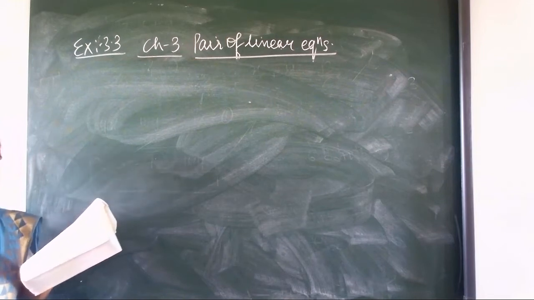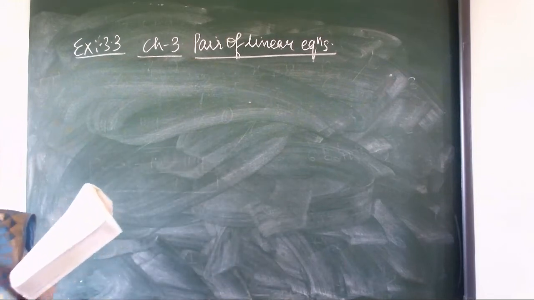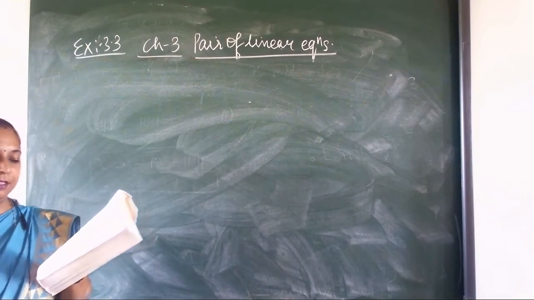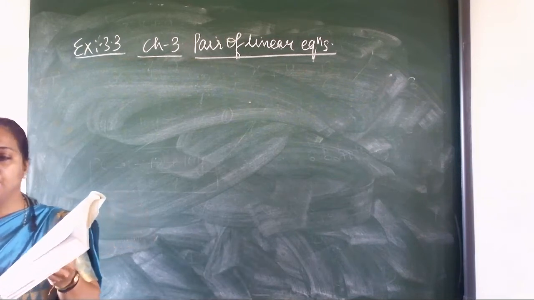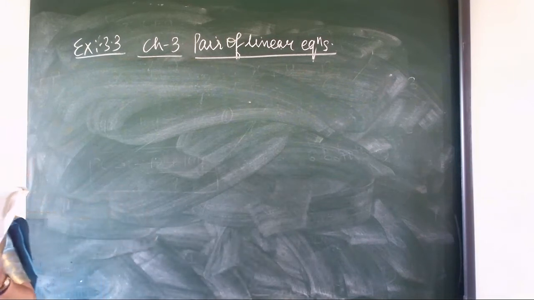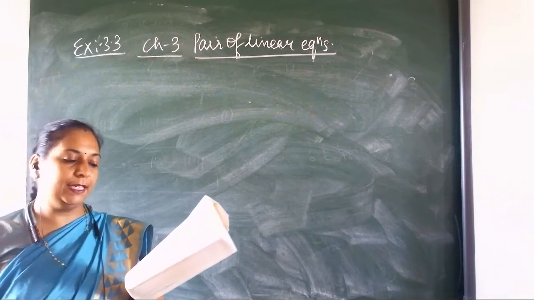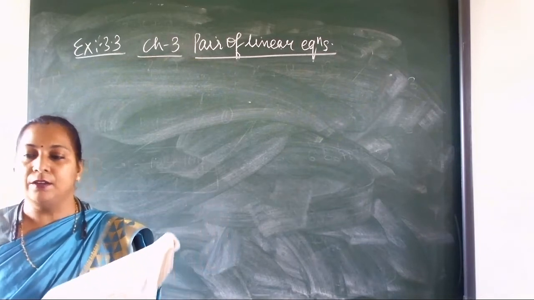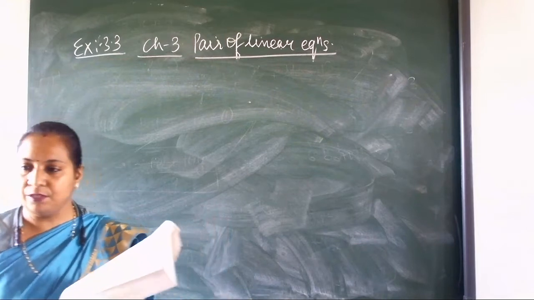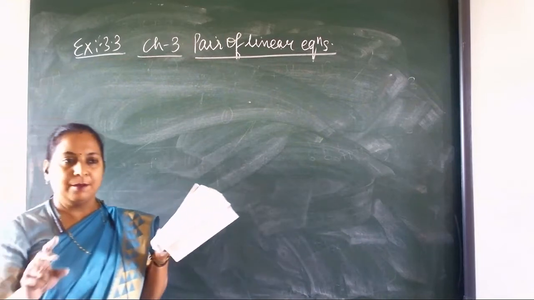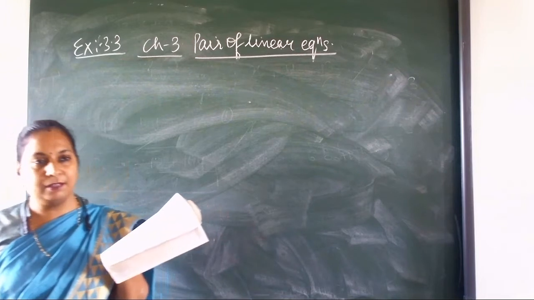Question number 2. Solve 2x plus 3y is equal to 11 and 2x minus 4y is equal to minus 24, and hence find the value of m for which y is equal to mx plus 3. Now see here, two equations are given. First we solve these two equations by using substitution method.